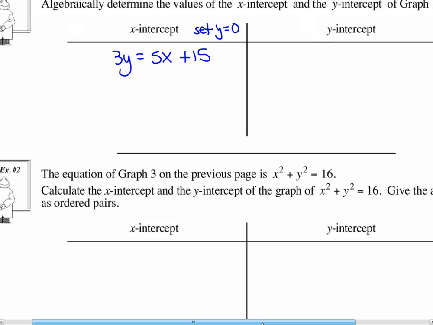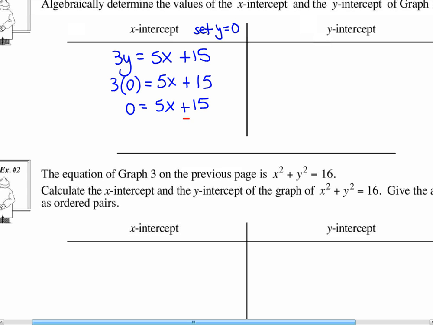Okay, so set y to 0. We're going to solve for x. 3 times, we're going to replace y with 0, equals 5x plus 15. What is 3 times 0? 0. Good. Okay, we want to isolate x. Remember when we isolate a variable, we do the opposite operation.